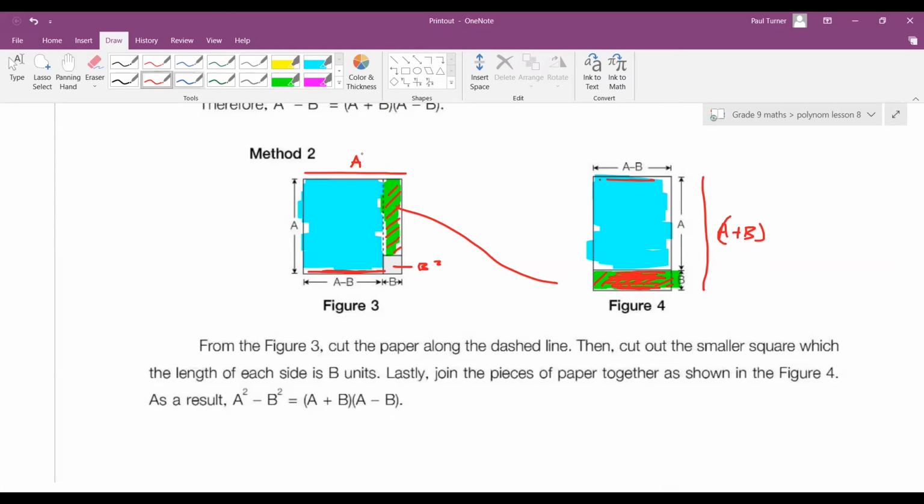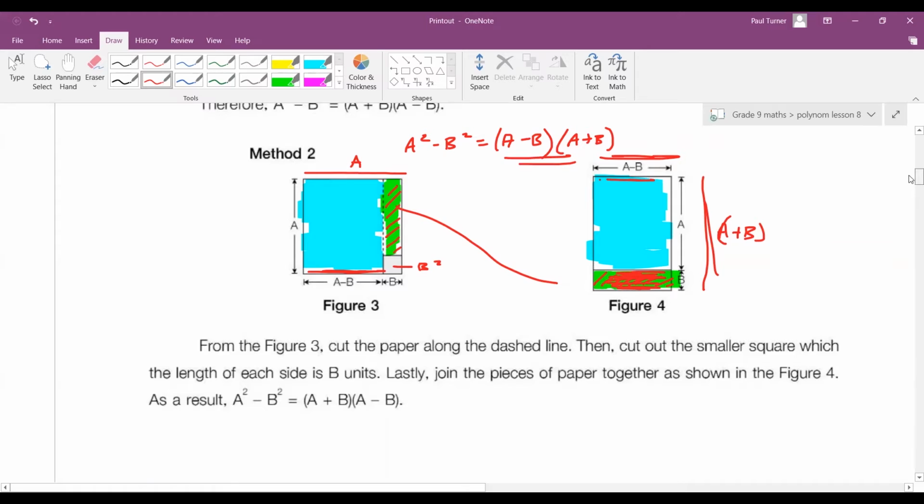So that would conclude then that a squared minus b squared is the same as a minus b times a plus b. So if you're not very good with algebra, then you can use the diagram to help understand this. But you basically get the answer by expanding anyway.